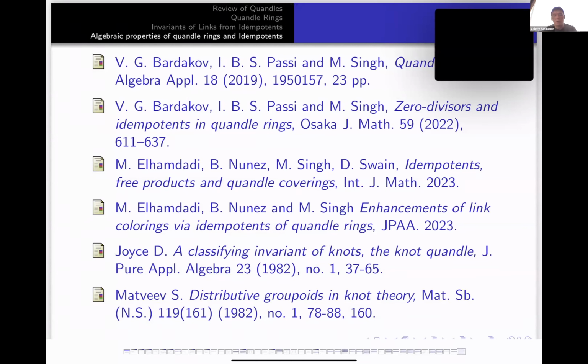Yes, there is a conjecture that for finite Latin quandles, integral quandle rings always have trivial idempotents. That's what Mohammed's computations showed. Yeah, I used some Maple computations, and it looked like the conjecture holds, but we don't know how to prove it.